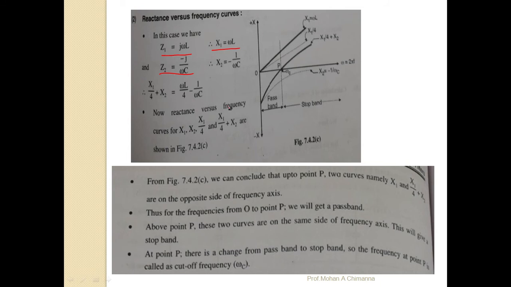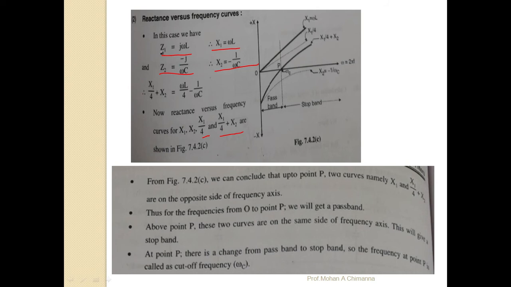Now the reactance versus frequency curve for x1, x2, x1 by 4 and x1 by 4 plus x2, these parameters we have to calculate. So simultaneously, there are the 4 parameters x1, x2, x1 by 4 and x1 by 4 plus x2.